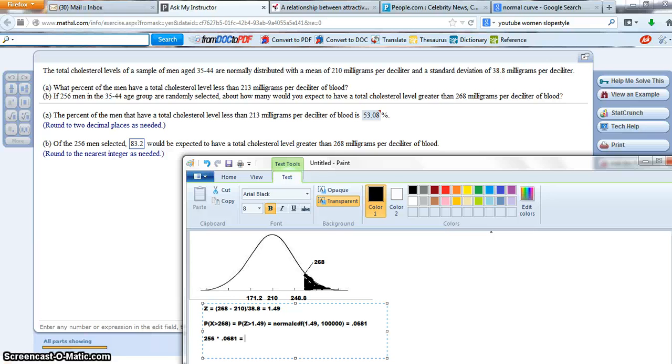And when I do that multiplication, I get 17.43. So if I'm rounding to the nearest integer, as we're looking at here, my nearest integer would be approximately 17.